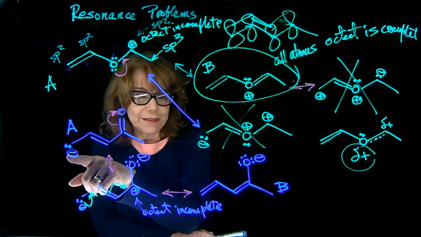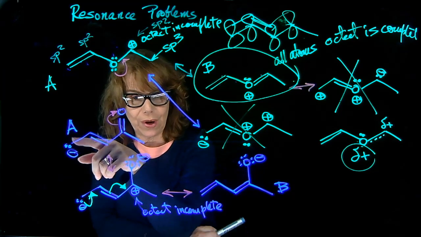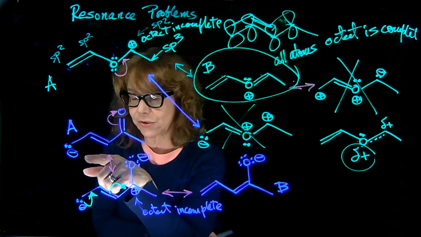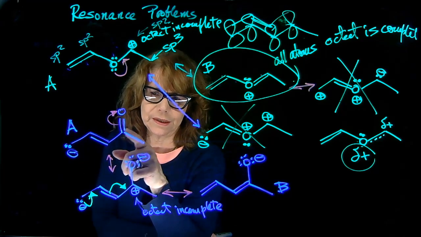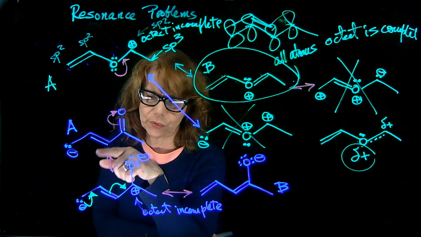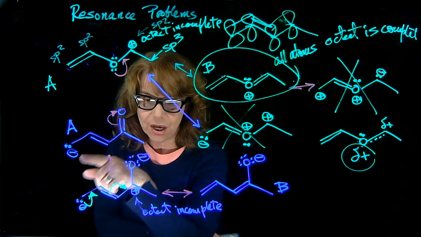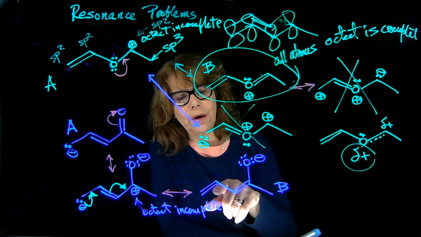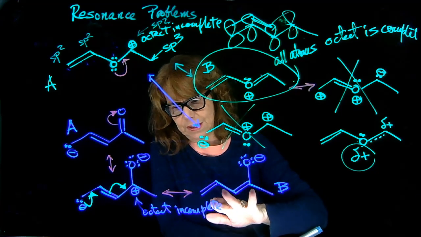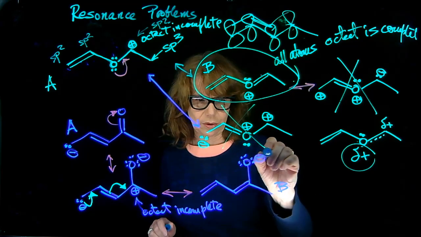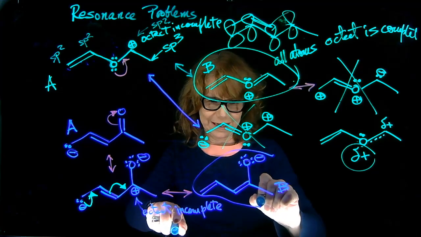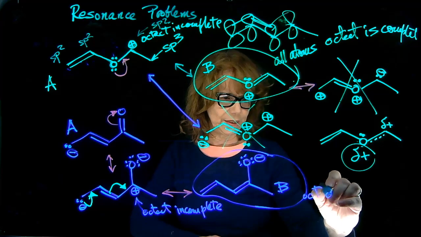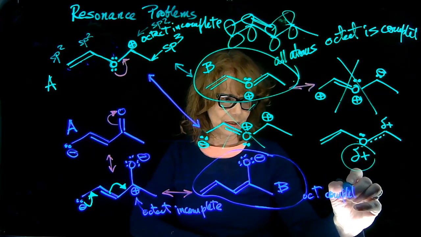So here the octet is complete. This carbon will have two H's, so you will have all 8 electrons around that carbon. Here again the same. So the octet is complete everywhere, but we're having a negative charge on a carbon, but the octet is fulfilled. Octet complete for all the atoms.